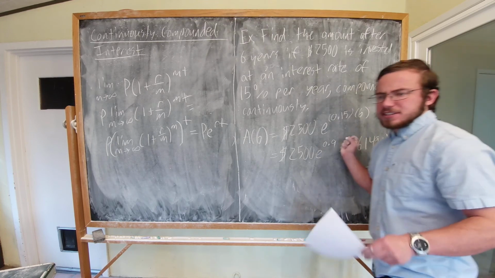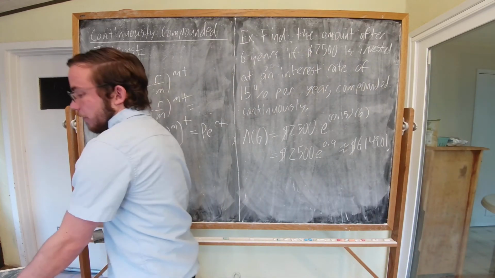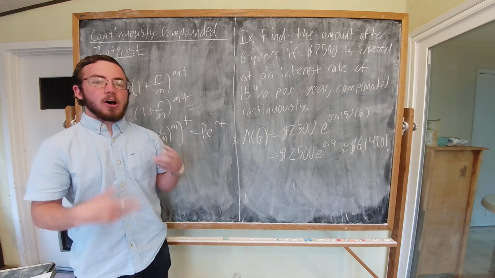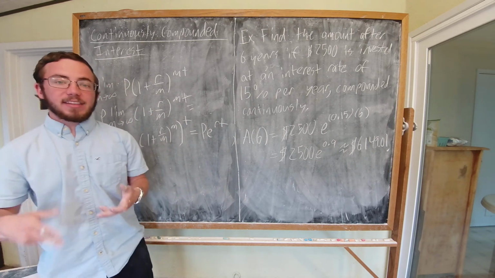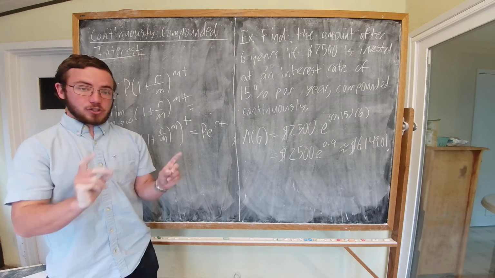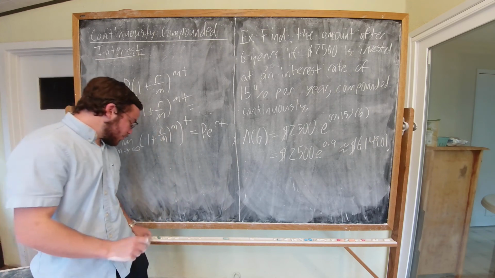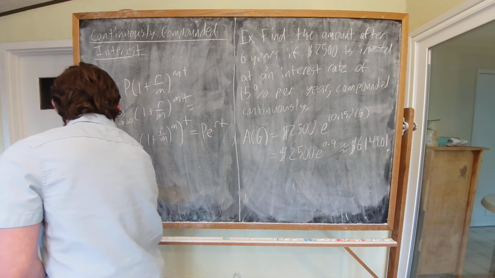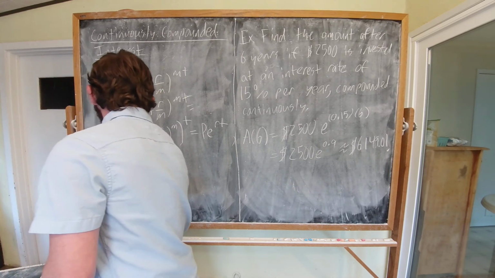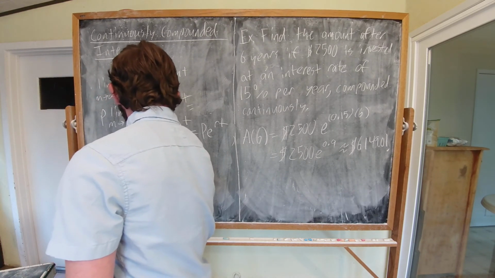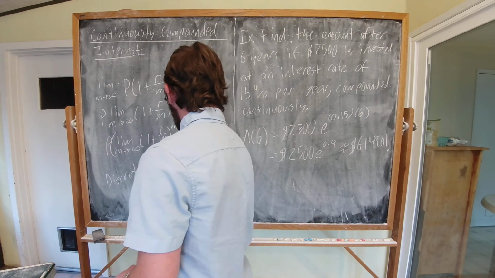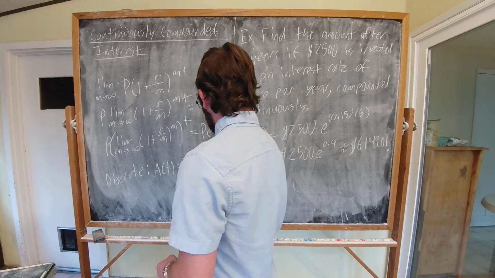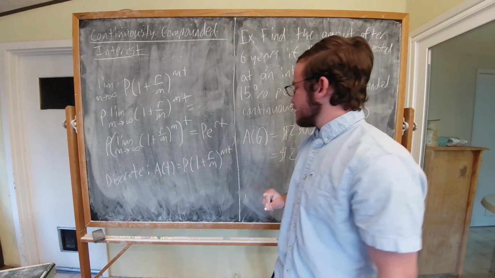Alright, so your book has a bunch more examples of these. Hopefully it wouldn't be too hard to go from this example to all of those. All the theory is the same. The main thing to remember is your discrete interest formula. So we have the discrete one, which is A of t is equal to P times (1 + r/m)^(mt).